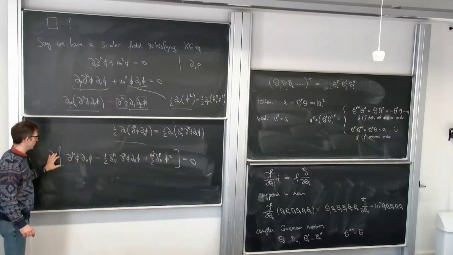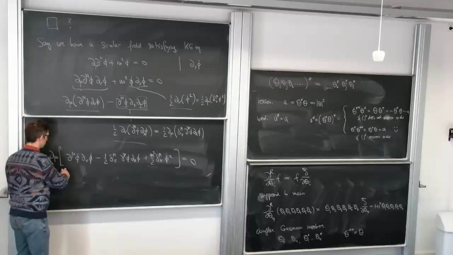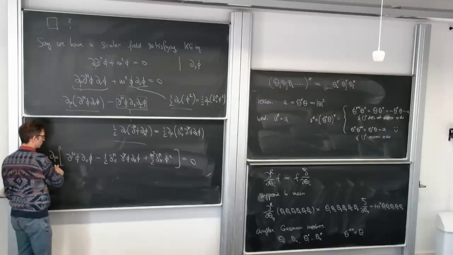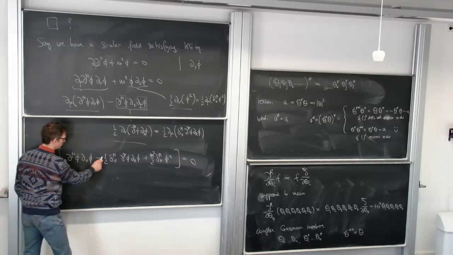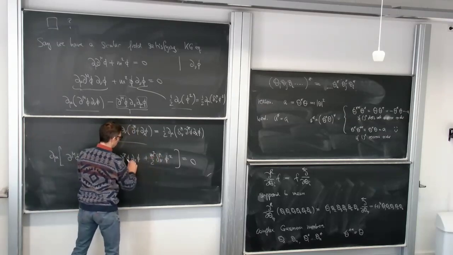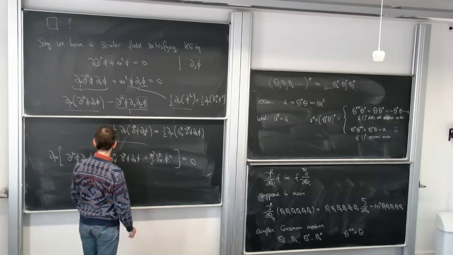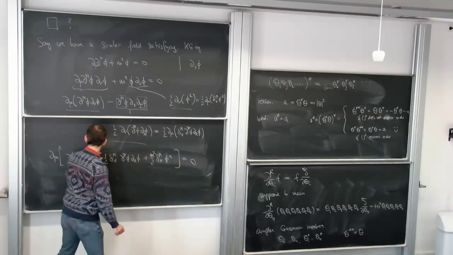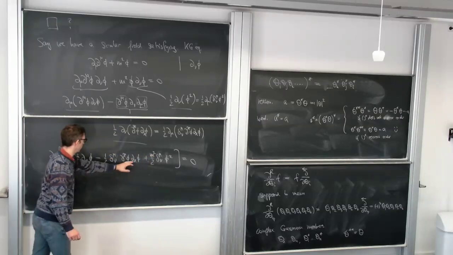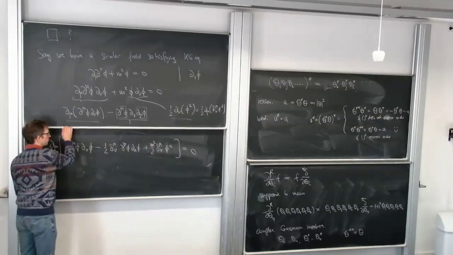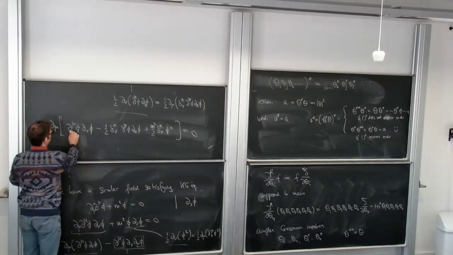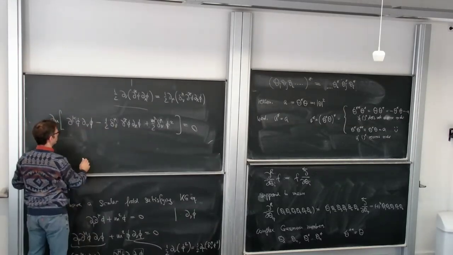But this is a nice way of writing it because it's a divergence of something. This guy here has a mu index, and the mu is contracted here and it has another hanging nu index right there. So it's basically four different things.